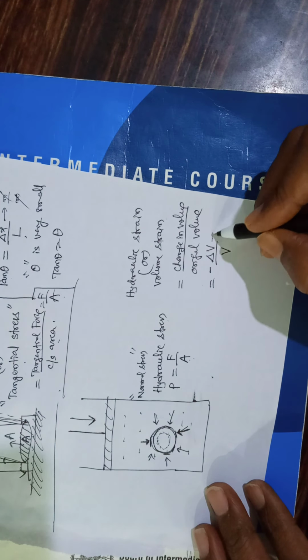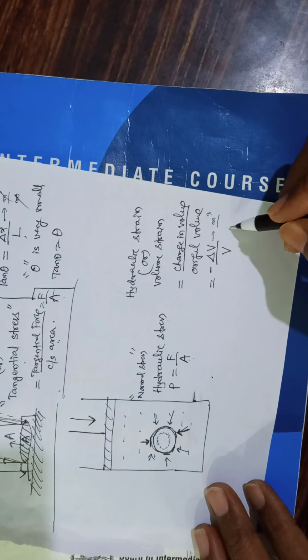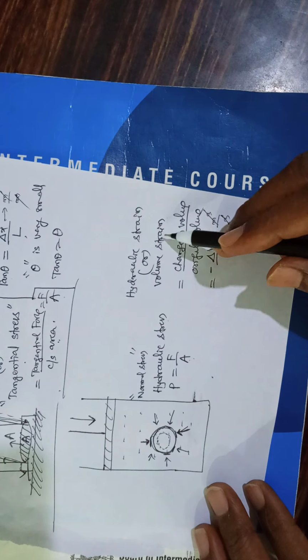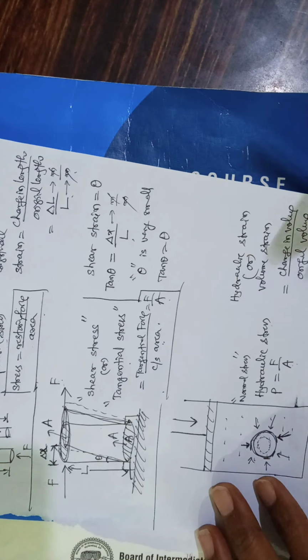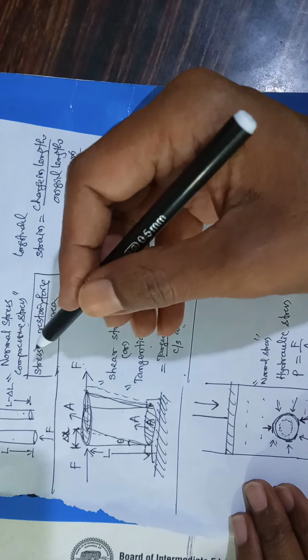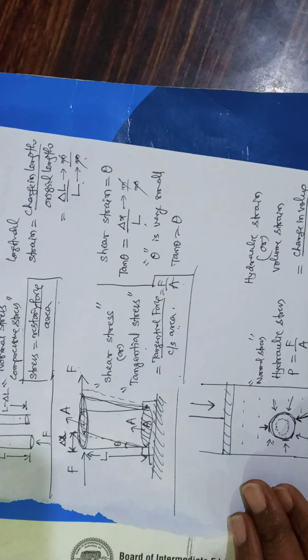See, change in volume is measured in meter cube, volume is measured in meter cube, gets cancelled. So volume strain has no units. So in this way strain has no units. Stress is having Newton per meter square and strain is having no units.